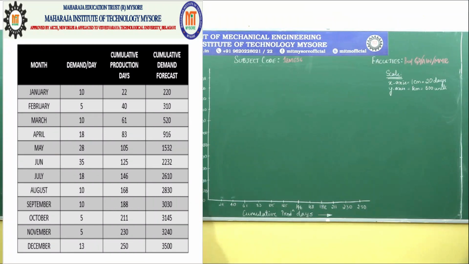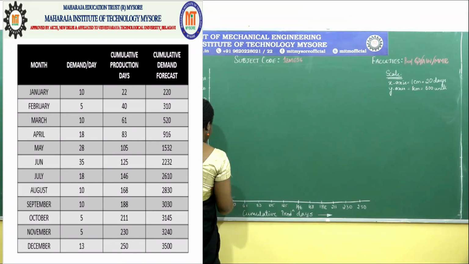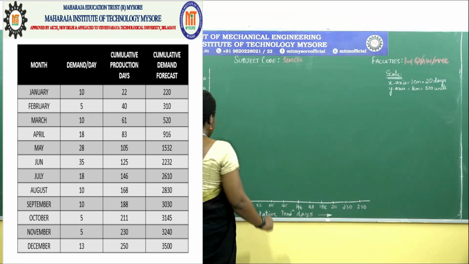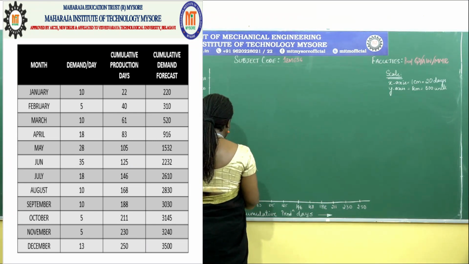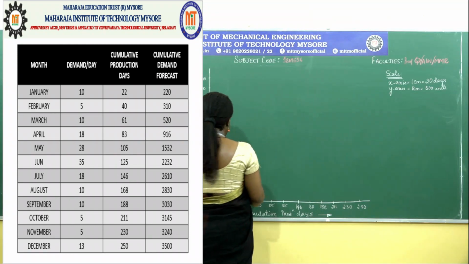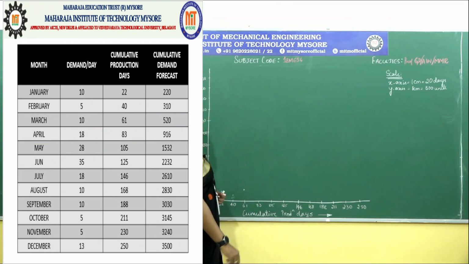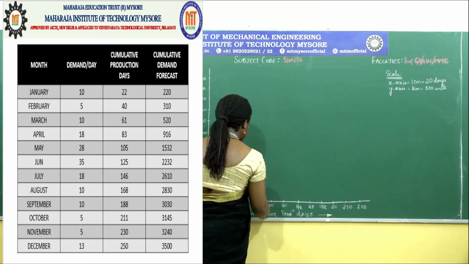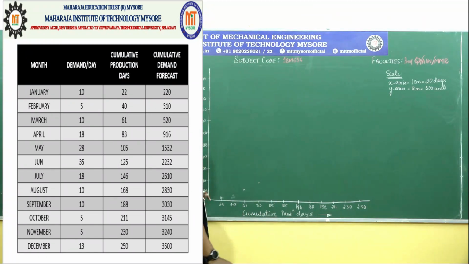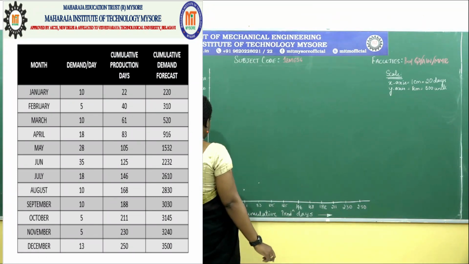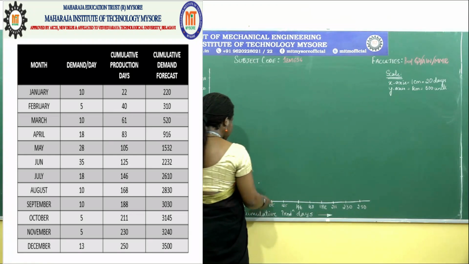In the first month, we observe that it is 220 units for 22 days. Second month, it is going up to 310. The third month, it is about 520 units. The fourth month, about 916 units. The fifth month, 1,532 units.